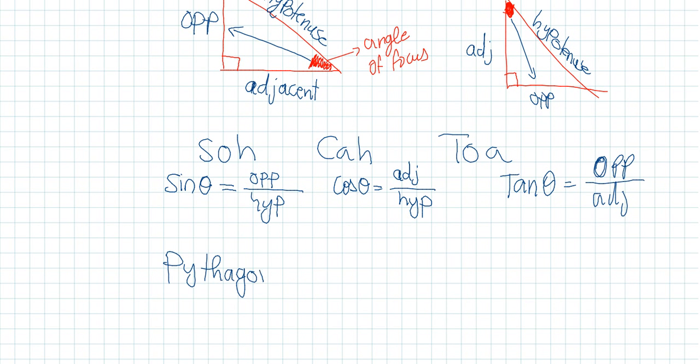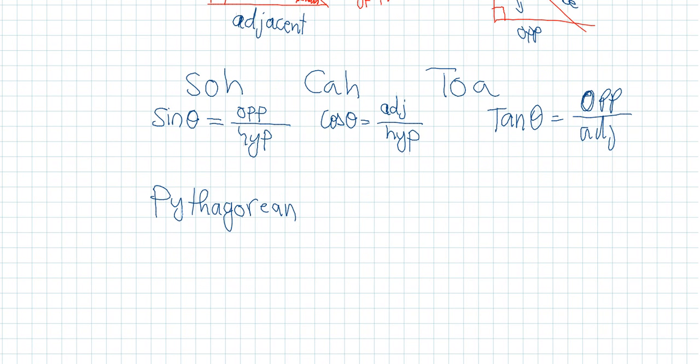If I have my right angle triangle, the hypotenuse is called C. They call it the letter C, and the other two sides are called A and B. So Pythagorean theorem says that the sum of the squares of the bases is equal to the square of the hypotenuse. So this is where the formula comes from. C squared equals A squared plus B squared. Okay? Where C is the length of your hypotenuse. So the hypotenuse squared equals the A squared plus the B squared.